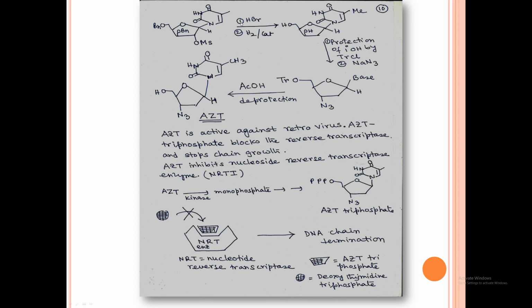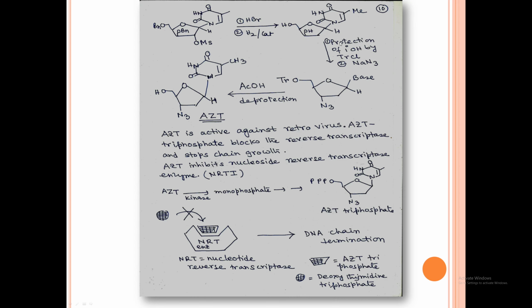And then when it is treated with HBr, deprotection and hydrogenolysis happen, so this modification happens at the sugar ring. The benzyl goes, in its place OH comes, and the OMs completely goes, so that becomes the deoxy center. Now the protection of the primary alcohol is by trityl chloride, that is with this side chain CH2OH, but here it is a secondary alcoholic OH.